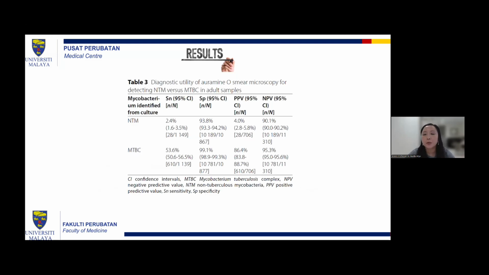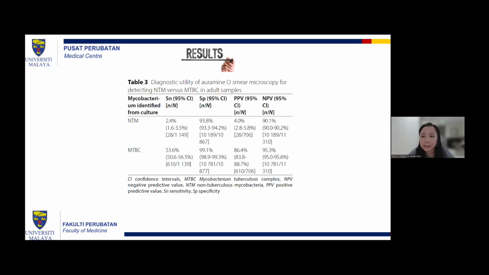So this table shows the diagnostic utility of Auramine O-smear microscopy for detecting NTM versus MTBC in adult samples. So these are the findings from our study. Auramine O-smear microscopy demonstrated high specificity and negative predictive value, but low sensitivity and positive predictive value for detecting both MTBC and NTM.